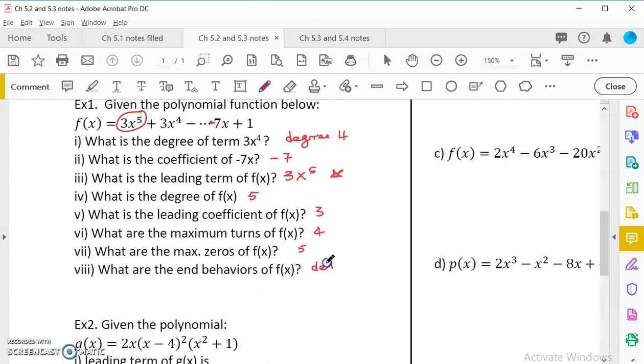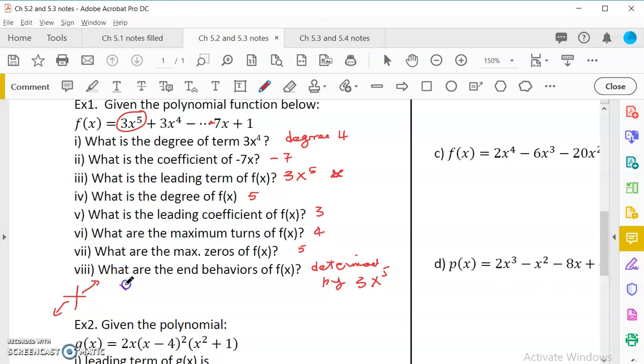You will say, look at what's determined by 3x to the 5. So 3x to the 5 is odd degree, and then it's positive. So it would be rise to the right, drop on the left, right? So we think of it that way.